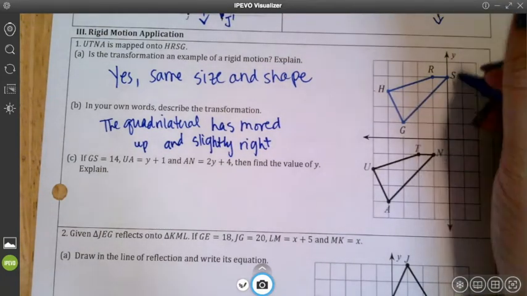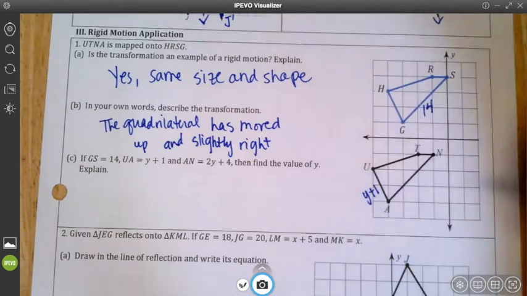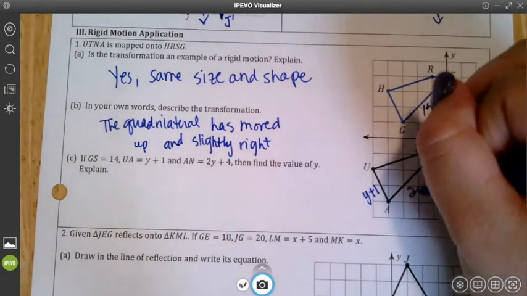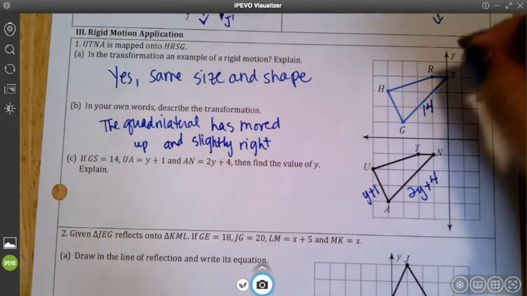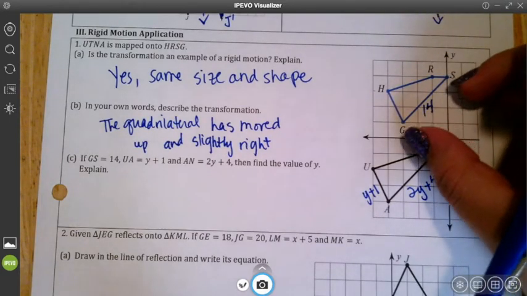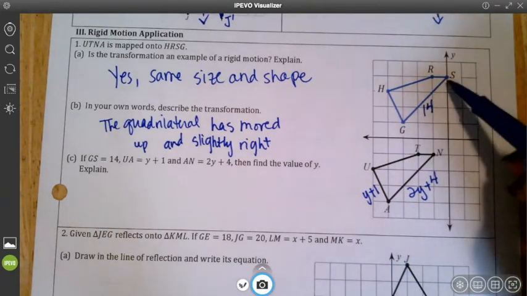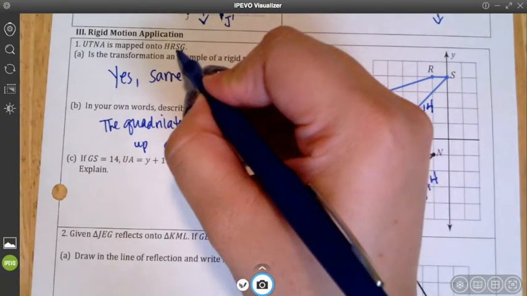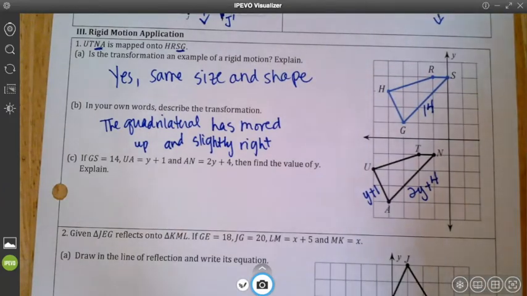If GS is 14 units, UA is y plus 1 units, AN is 2y plus 4 units, find the value of y and explain. Well, remember we said same size and shape means the sides and angles should be congruent, which means they have corresponding pieces. So just like we were doing with our triangles before, we're going to look at which piece corresponds to which piece here. So GS, if we look for GS here, corresponds to NA. So we can set those equal to each other.